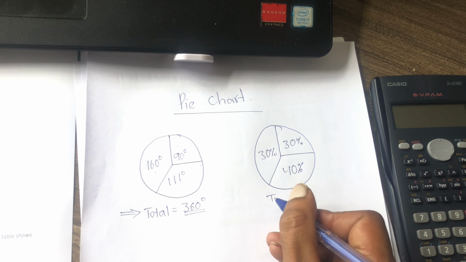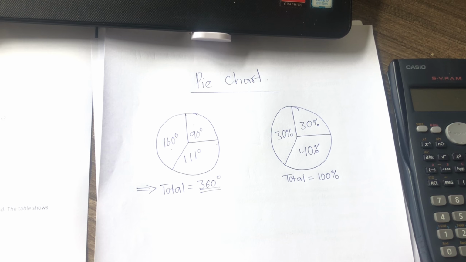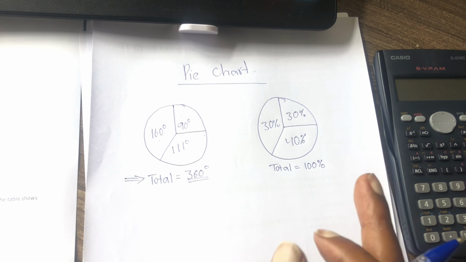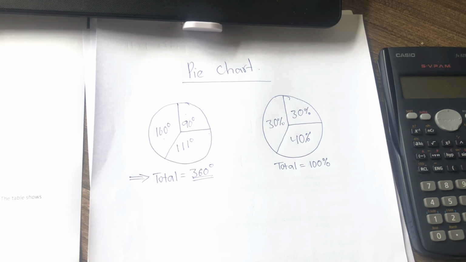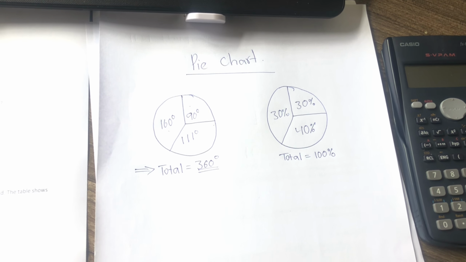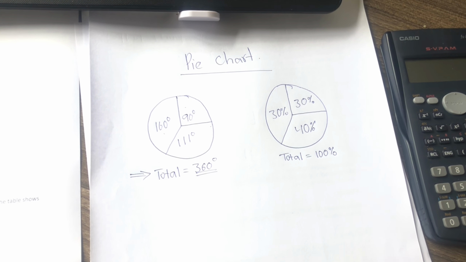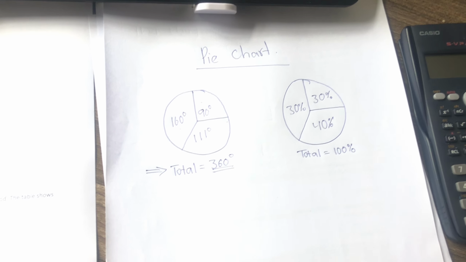First thing, we need to keep this in mind: for degrees the total is 360, for percentage the total is 100%.